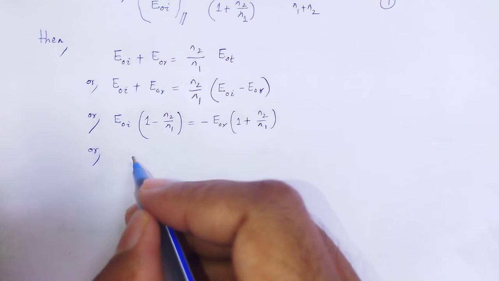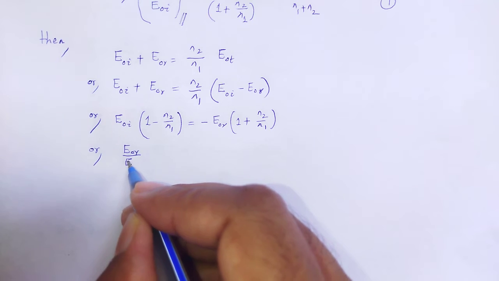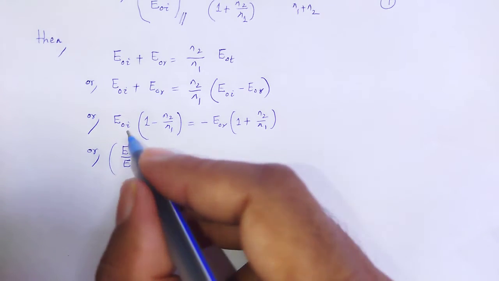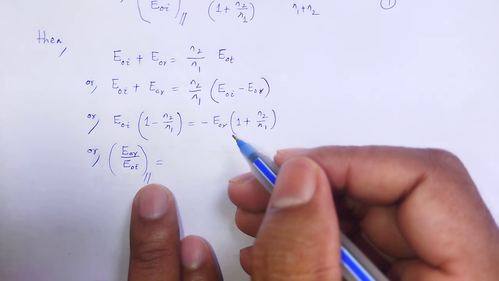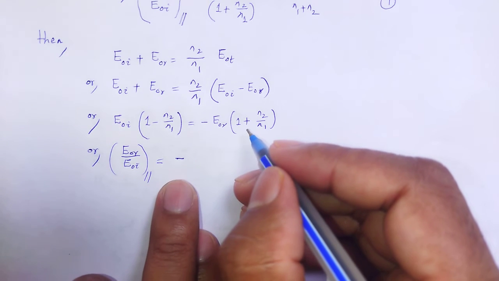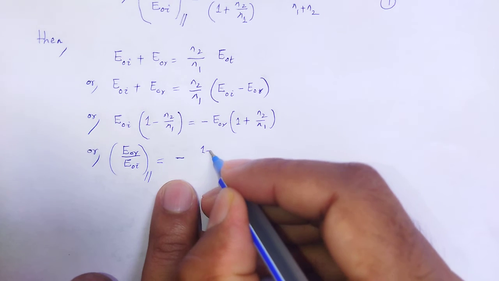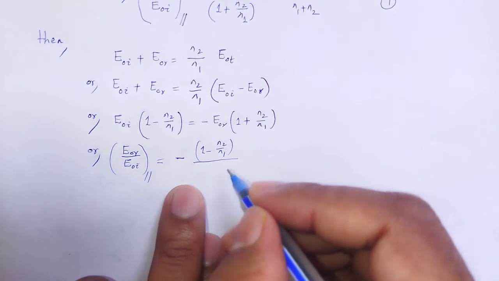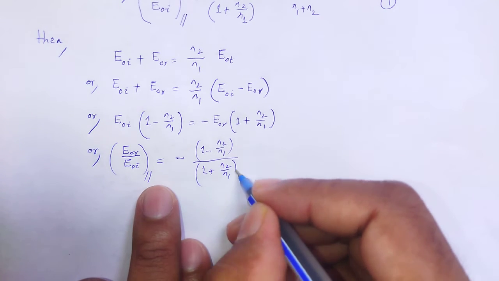Okay, we have to find E0R divided by E0I at that parallel situation. E0R divided by E0I, so it will be minus 1 minus N2 by N1 divided by 1 plus N2 by N1.